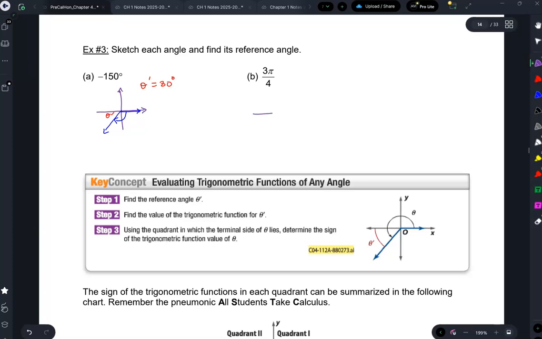3 pi over 4, what quadrant is it in? 2. You guys ready for the big secret of trig?